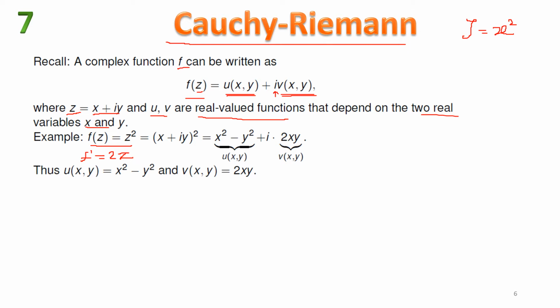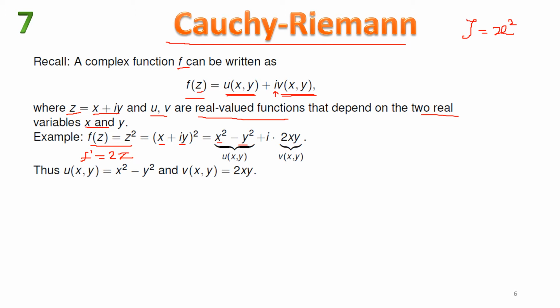Now z squared I am rewriting as x plus iy whole squared. So here a plus b whole squared will be expanded as a squared plus b squared plus 2ab. So this is x squared plus i squared y squared, which will be minus y squared. So that is here plus 2 times ixy.